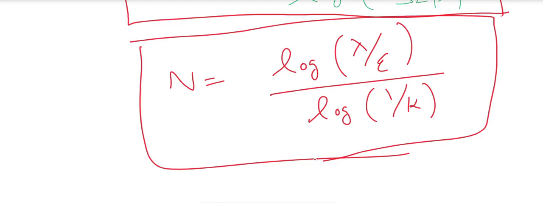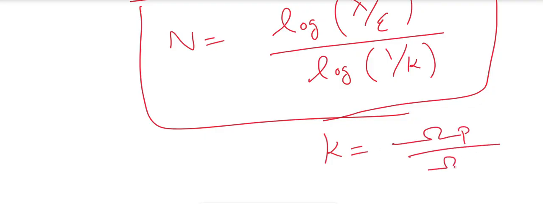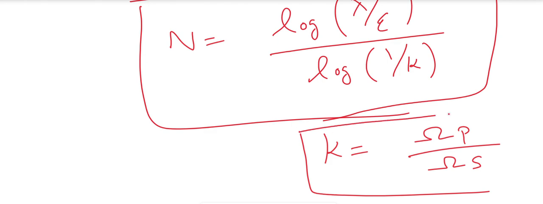So k is equal to omega p by omega s. K is equal to omega p by omega s. What is omega c? So what is lambda?